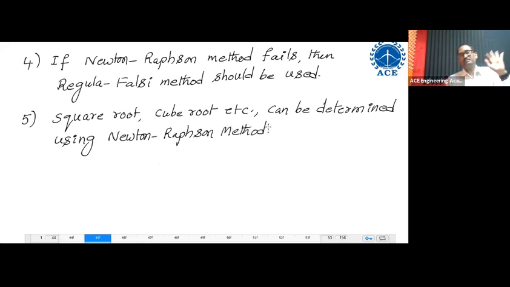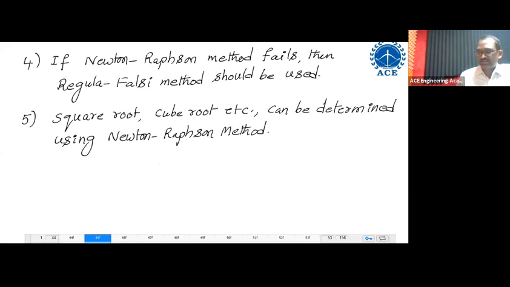It is very, very important. Directly in the GATE examination, several times we were asked, what is the Newton-Raphson iteration formula for the square root of a number? What is the iteration formula for cube root of a number, for fourth root of a number, etc.? So one formula I will derive.